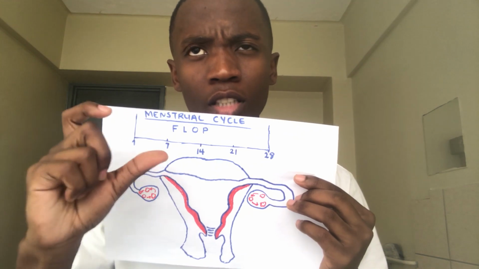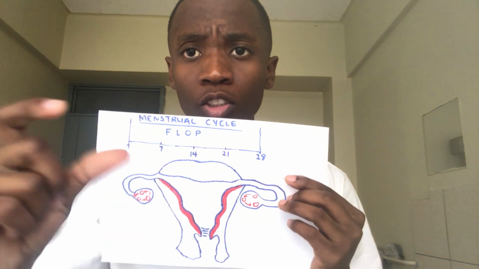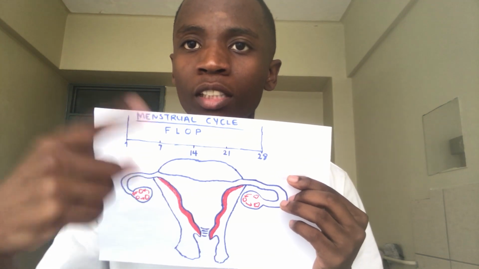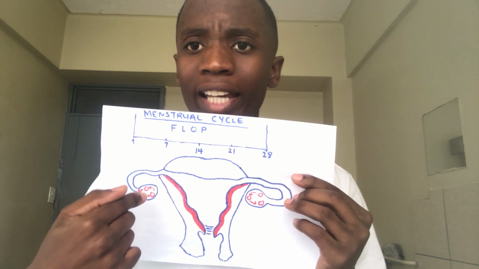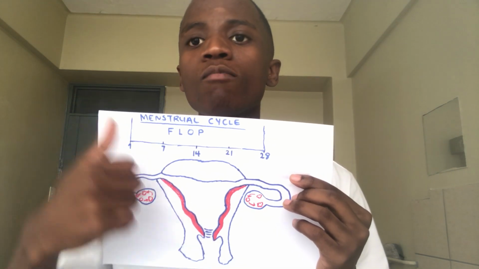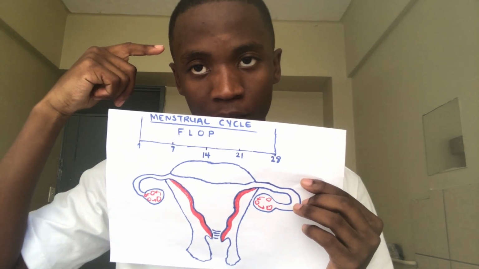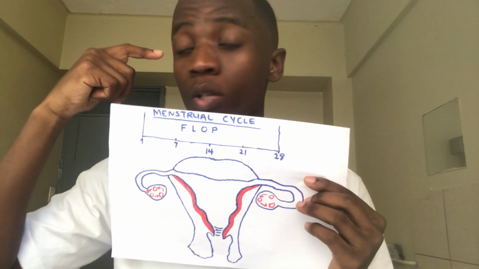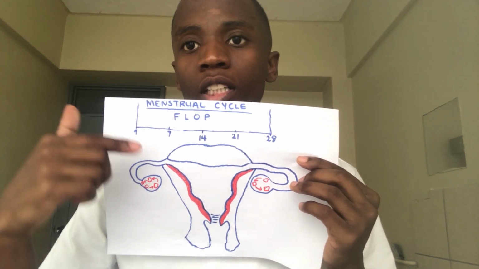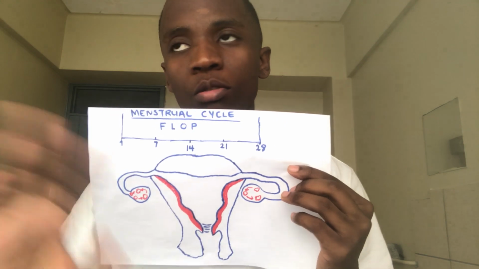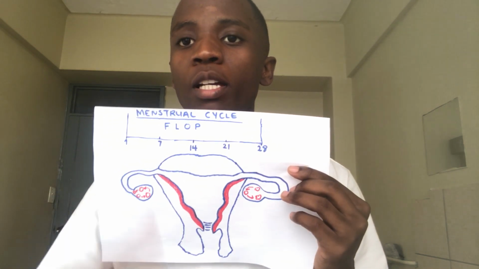You can even hear the meaning from the word: follicle stimulating hormone means this hormone stimulates the follicle to grow inside the ovary. As you know, it is released from the hypophysis, fundamentally the pituitary gland, so that it can stimulate the growth of the follicle.